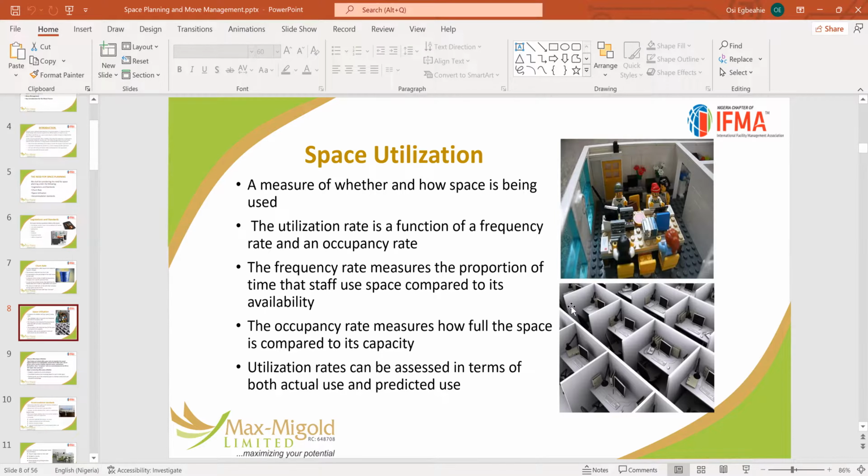By the time you have 1,000 persons, the chances are that they'll find it difficult to cool that space because you have more bodies in that space, which will now affect the air conditioning system of that particular space. And once that happens, it means that the air conditioners will be working non-stop for a very long time. And when that happens, it affects the performance of the air conditioning system.